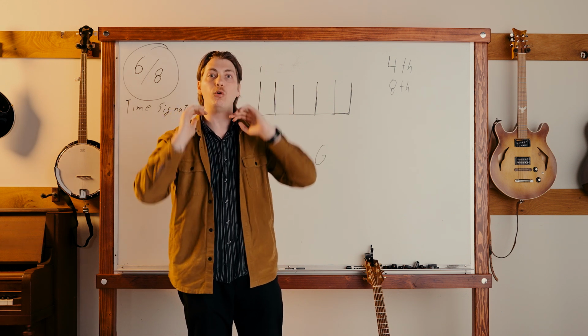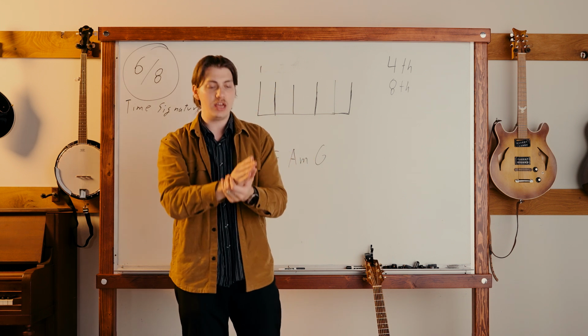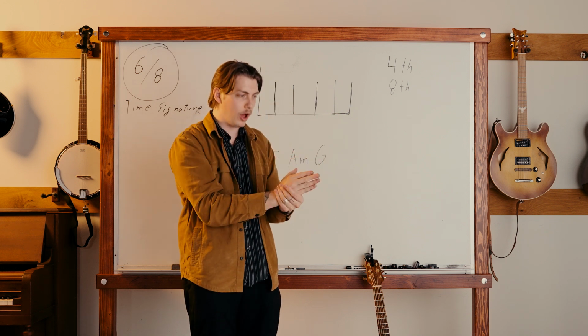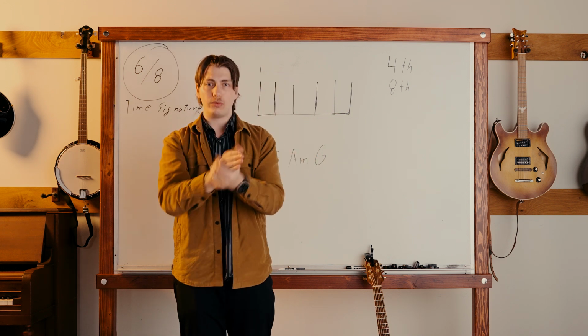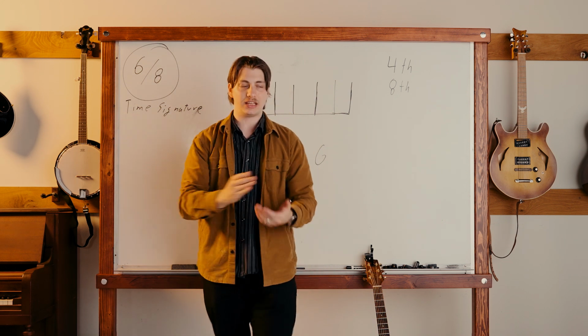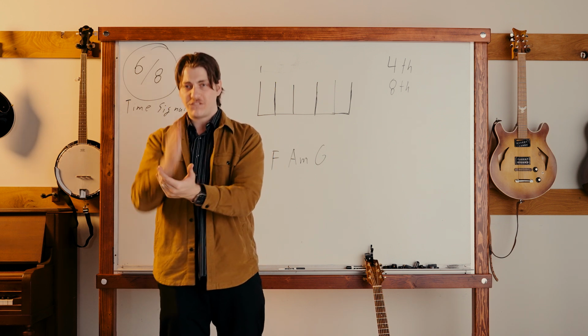So if we count 4/4, that sounds like this. 1, 2, 3, 4. If we count 3/4, that sounds like this. 1, 2, 3, 1, 2, 3. If we were to count 5/4, that sounds like this. 1, 2, 3, 4, 5.